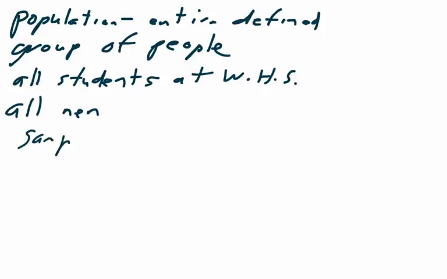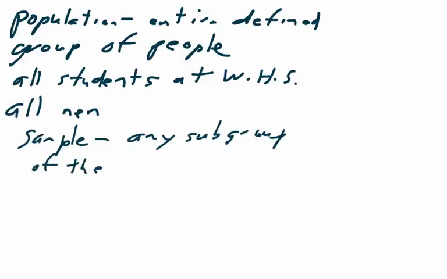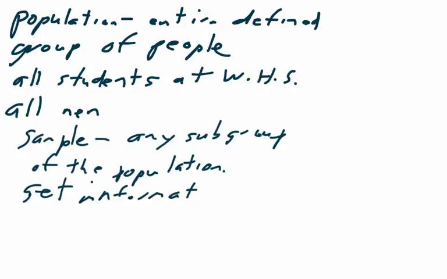And then there is something called a sample, which is any subgroup of the population. And we're going to use that sample to get information about the whole group.